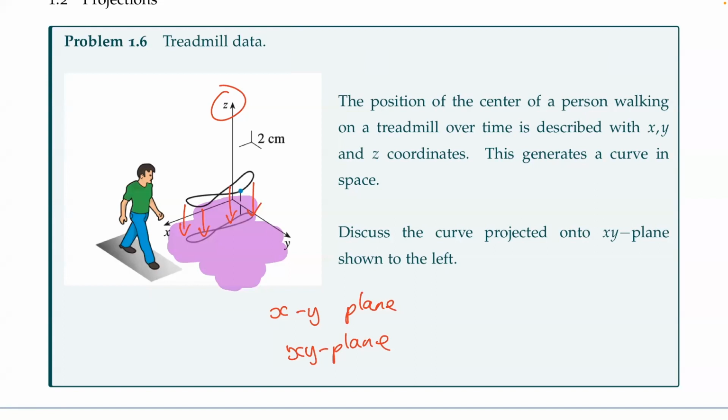Suppose we care about left and right and up and down, and we don't care about the forwards-backwards movement. Then we could project onto a different plane, say the XZ plane, and we would have something that looks a bit like this, where we're now projecting in this direction.